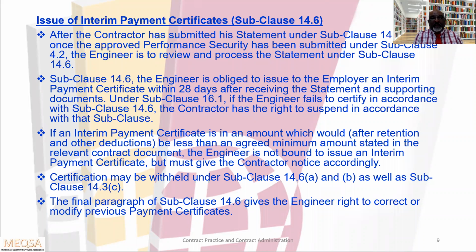The final paragraph of subclause 14.6 gives the engineer the right to correct or modify a previous payment certificate. For example, if we made any careless mistakes or gave some wrong information, he can correct or modify it in the next payment application, because this is all interim payment.